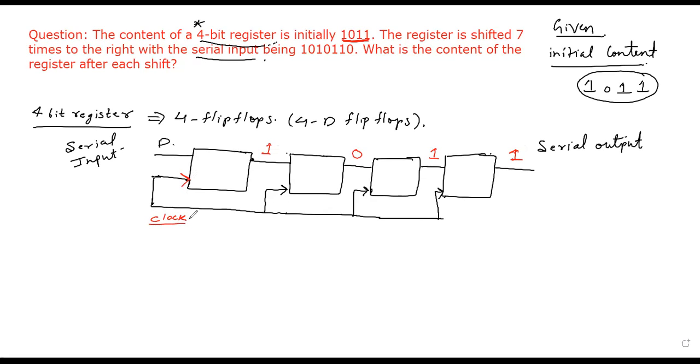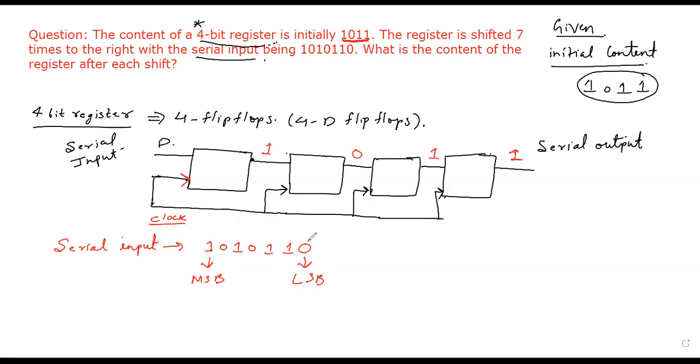Now, for this particular question, the serial input is given as 1010110. We all know that this is my most significant bit and this is my least significant bit. So I will enter the data from the least significant bit to the most significant bit.